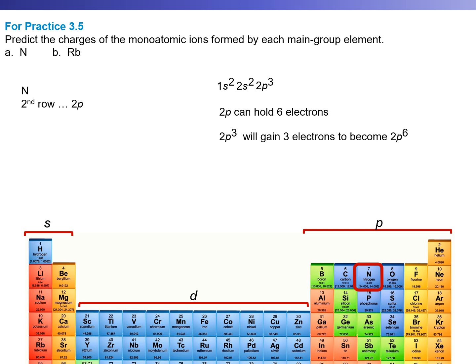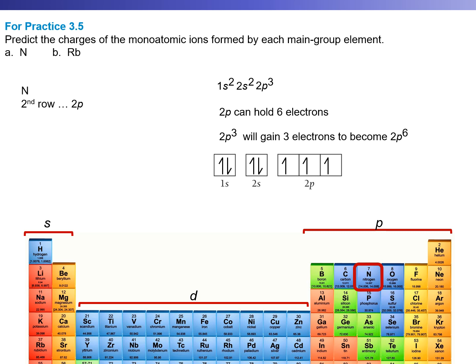Okay. Another way we could look at this is to do an orbital diagram and see how the electrons feel. So we know that in the first orbital it looks like this, and the second orbital, the s electrons are paired up. But for nitrogen, in the 2p orbital, in that second orbital, in the p subshell, the electrons are going to look like this.